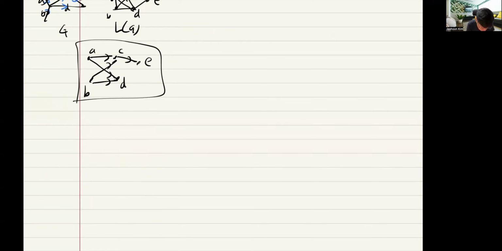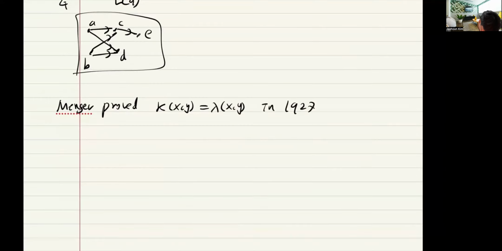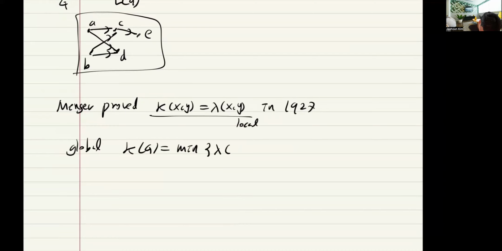Now, Menger proved what we want: kappa xy equals lambda xy in 1927. And since then there are other versions also proved. So this is the local version. And the global version implies that, round down like so.